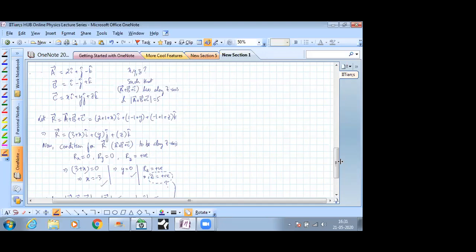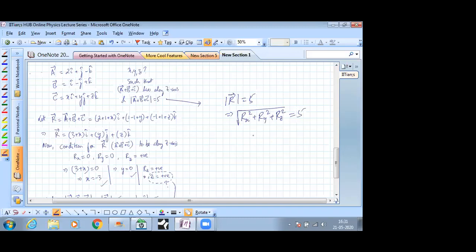Yes, Dhrumi, we are using that only, but we have already applied the condition that Rx and Ry are 0. The condition we are stating is that the magnitude of R is 5. That just means the square root of Rx squared plus Ry squared plus Rz squared is equal to 5.